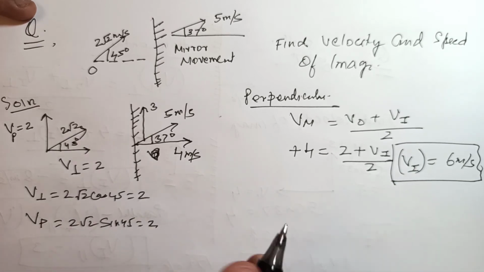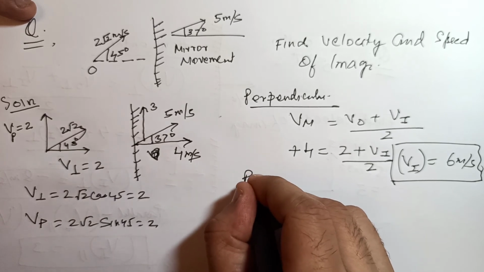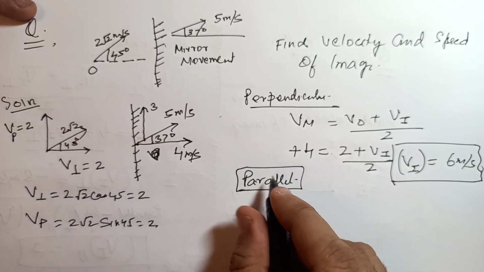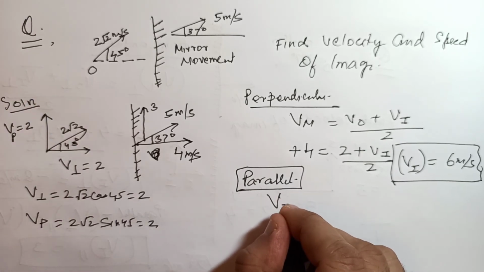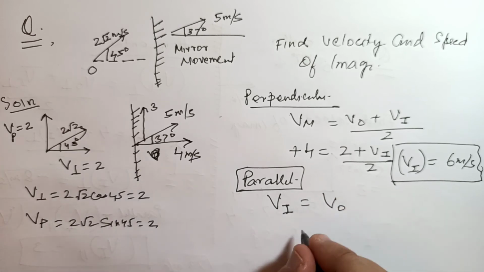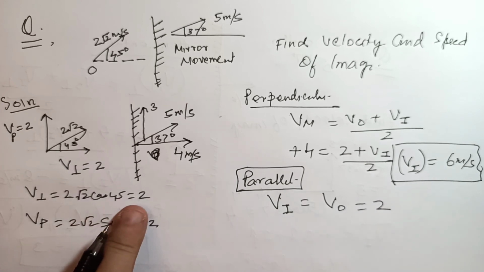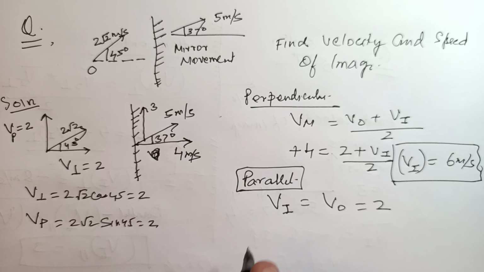Okay. Similarly, now this is perpendicular. Now we will talk parallel. Parallel, we know that V of image is equal to V of object. Correct? So in this case, this is nothing but 2. Parallel is 2, right?